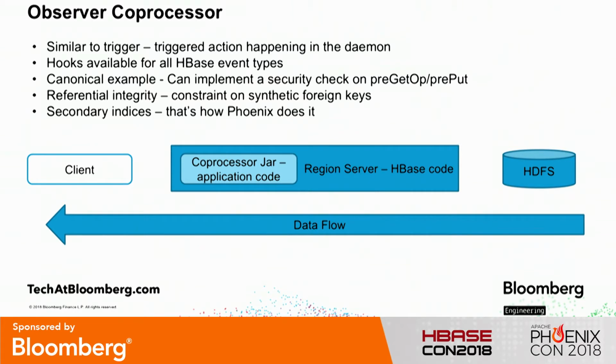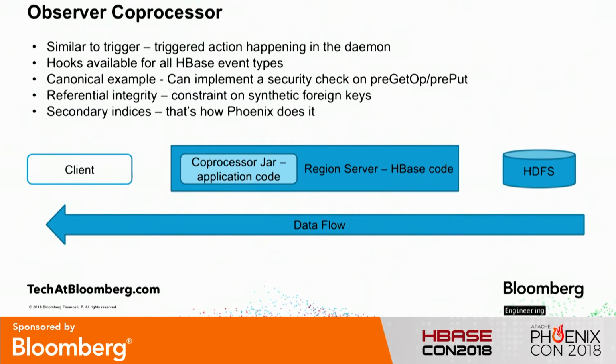You can do a pre-put, and you can have your coprocessor check whether the user is allowed to write to this table or not before passing the data back. The other uses that you can do with your data are things like referential integrity, where if you wanted to maintain your own second table and you want to ensure that there are foreign key constraints, you can actually check before the write that the key exists in your second table and maintain things like that.